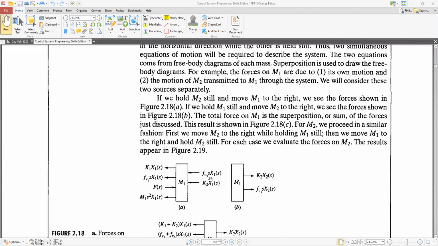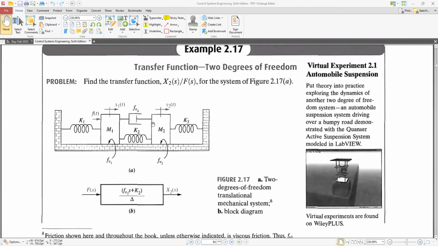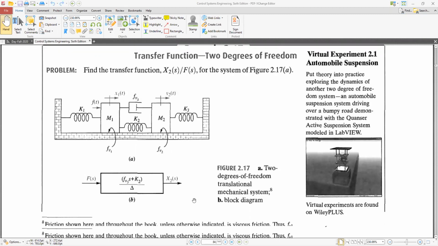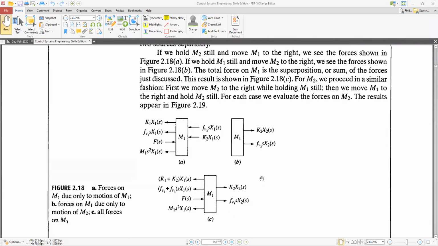X1(s). These are the forces. Again, forces on M1 due only to motion of M2: for this M2, it feels K2 X2 and FV3 X2. Now combine all these things and you will get this.